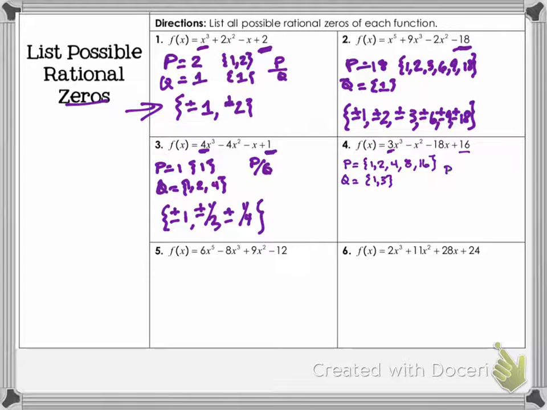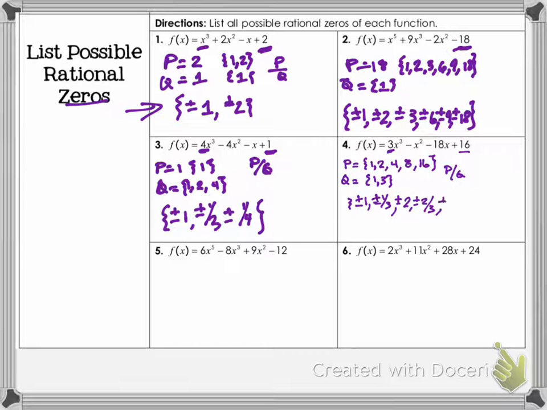Now I have to make every combination of P over Q. So I'm going to just start with each of these and put them over these. So first I have 1 over 1, so that's plus or minus 1. And then 1 over 3, so that's plus or minus 1/3. And then I have 2 over 1, so that's plus or minus 2. And 2 over 3, plus or minus 2/3.